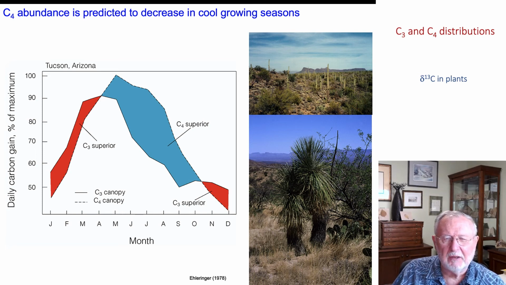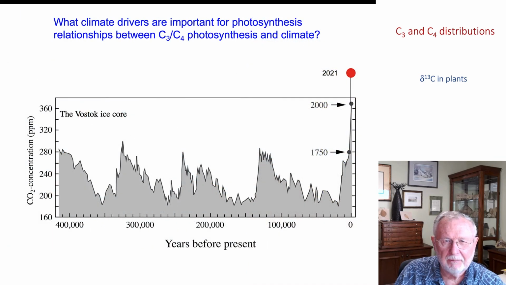Predictions about the abundances associated with elevation change, latitudinal change, or seasonal change are all predicted by the quantum yield model, showing a trade-off favoring C3 versus C4 as photorespiration changes.